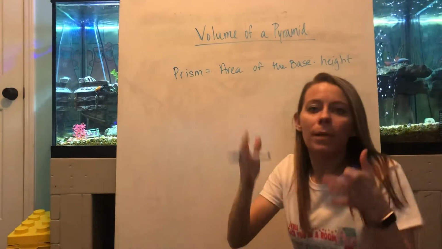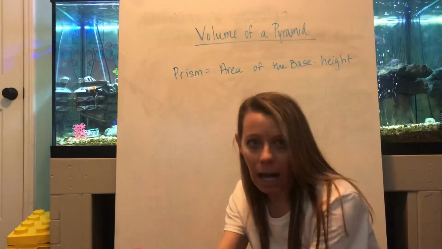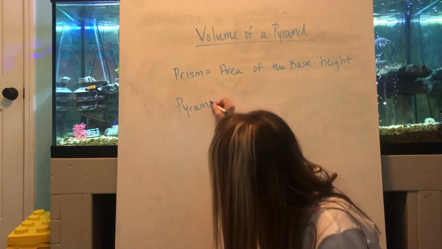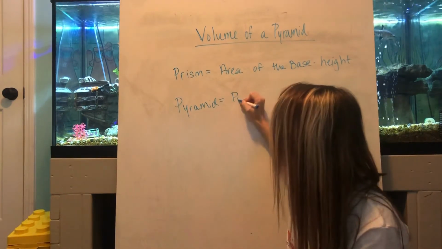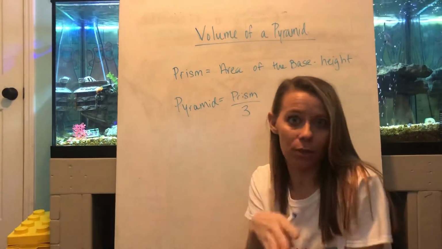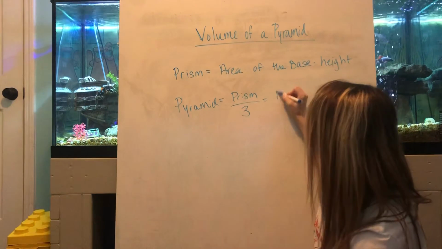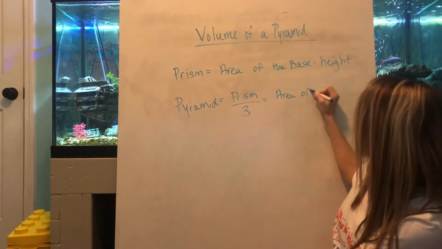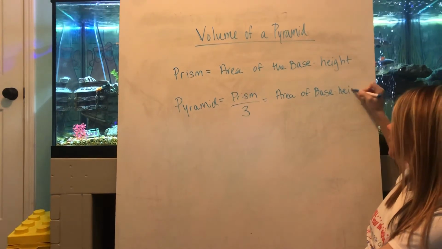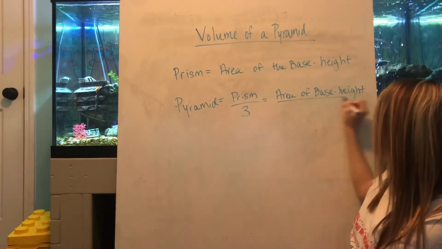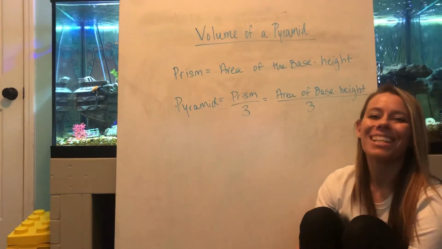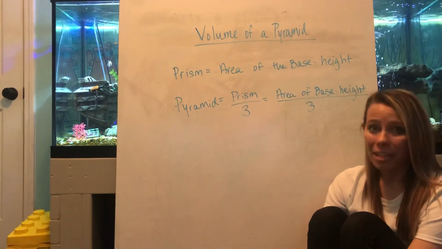Well, since every pyramid goes into the prism three times, the pyramid would just be taking the prism formula and dividing it by 3. It's cutting it into thirds. So it'd be the area of the base times height divided by 3. Again, that's area of the base times the height divided by 3.